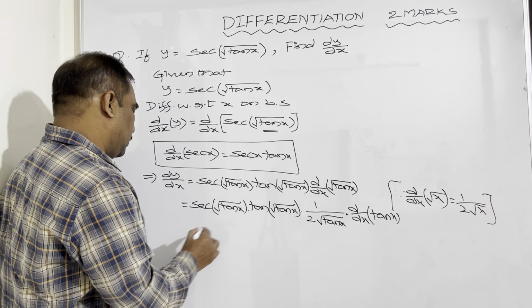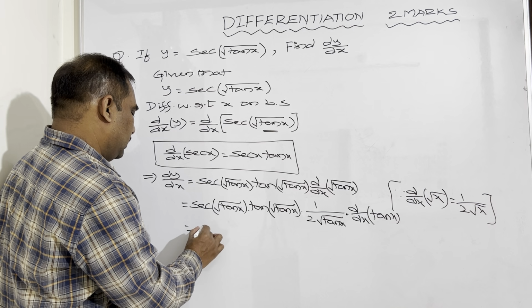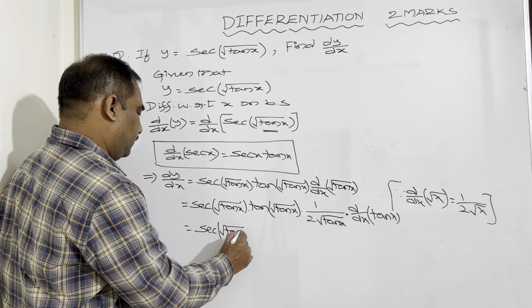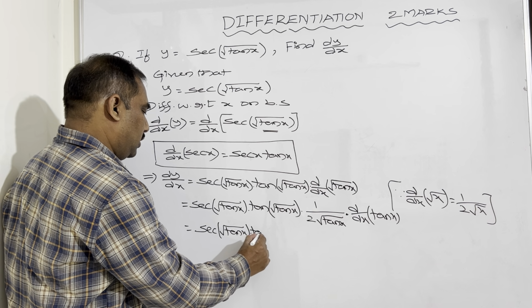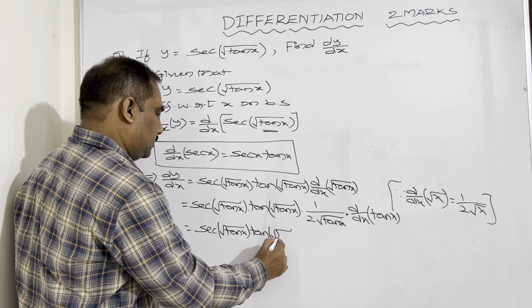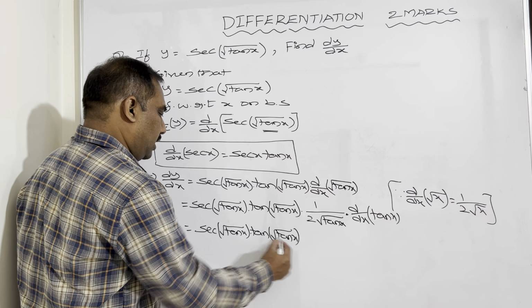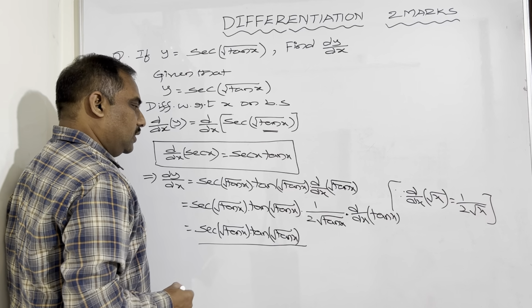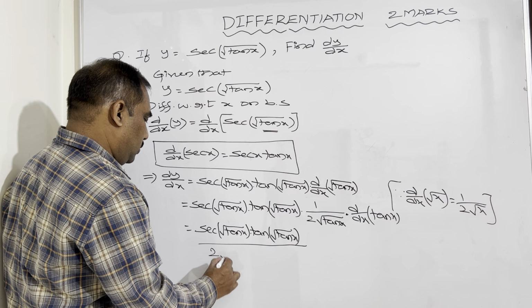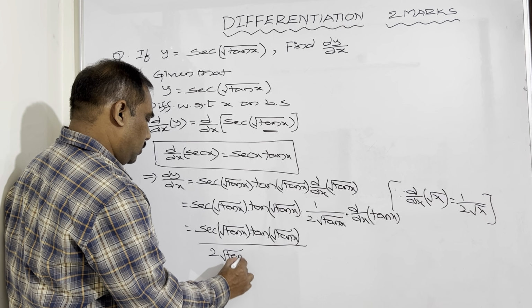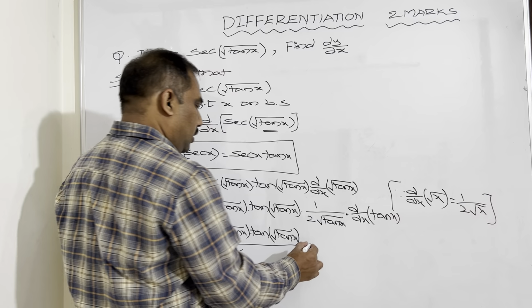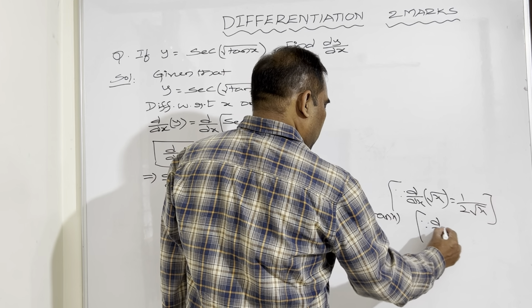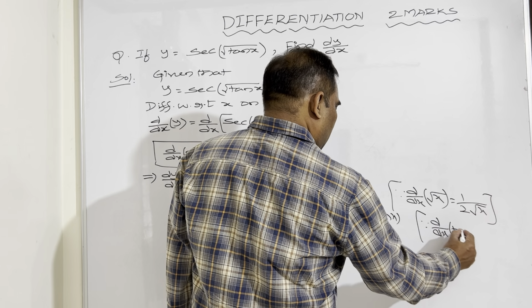Now finally we get secant of root tan x into tan of root tan x, whole divided by 2 into root tan x, into the derivative of tan x.